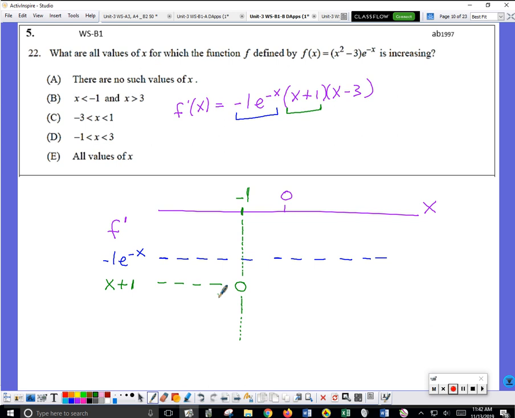Then you come over here and test. If x is 0, this is positive, so for any of these x values, this will be positive. Anyone want me to repeat anything?